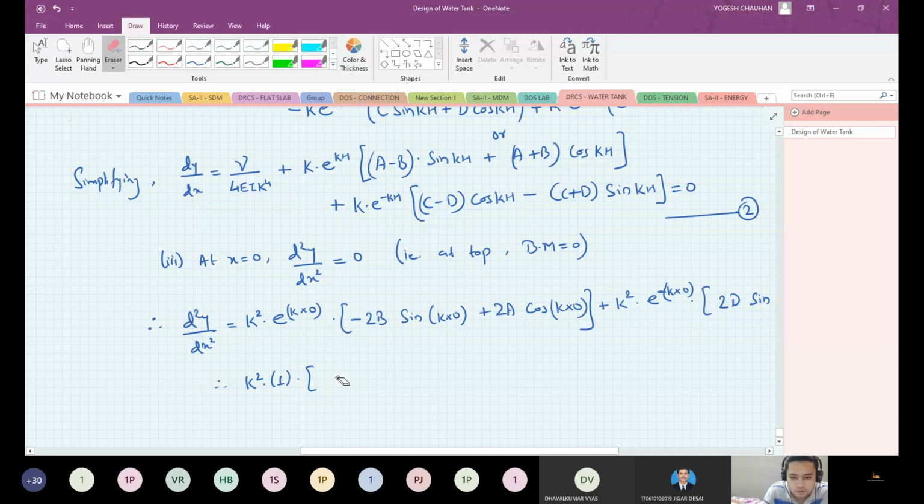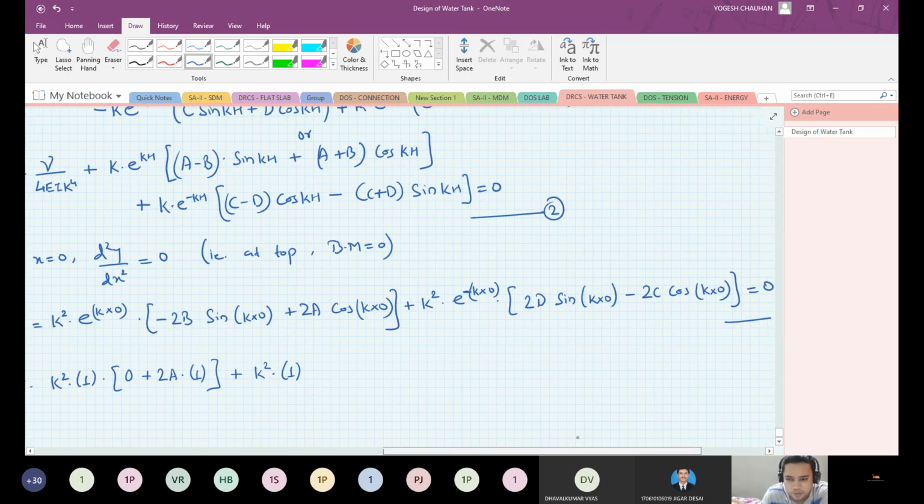Then plus 2a, now cos 0 is 1, plus k square into again e raised to the power 0, which is 1. Then again sine 0 is 0, minus 2c, now cos 0 is 1. This is equal to 0.